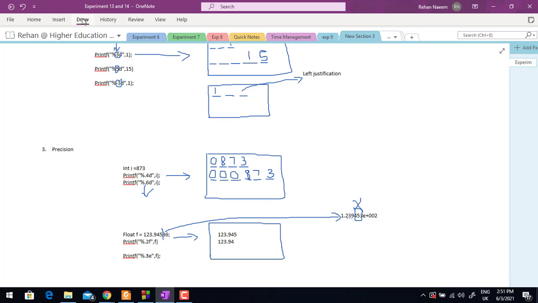So the final output will be 1.239e raised to the power 002. So this will be the final output. Has everyone understood this? This 3 tells the computer to only consider the first 3 digits after the decimal point in the number displayed in exponential form.